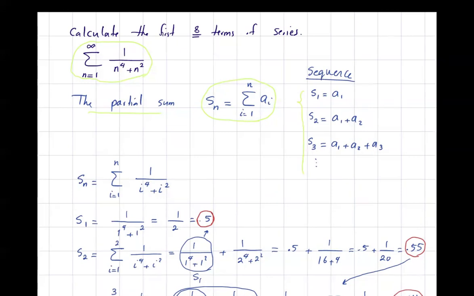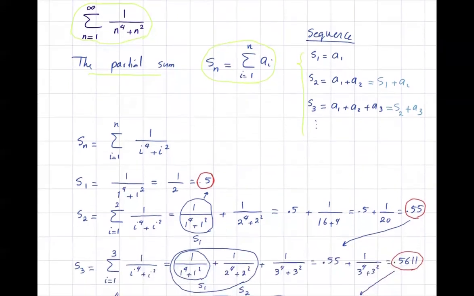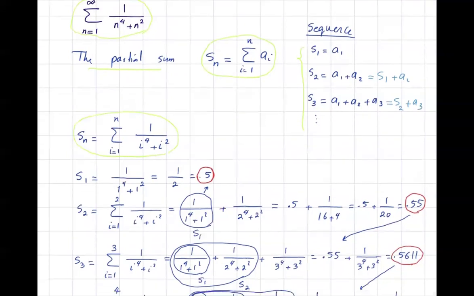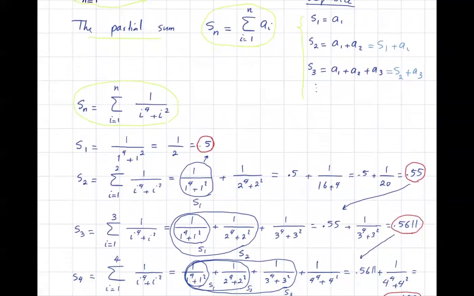And as you saw, this can be written as S1 plus A2. This one can be written as S2 plus A3, and continue this process. Since we defined the partial sum as the summation of these general terms, S1 is 1 divided by 2, or 0.5. S2 is the summation of S1 and A2, which is 0.5 plus this fraction, it gives us 0.55.